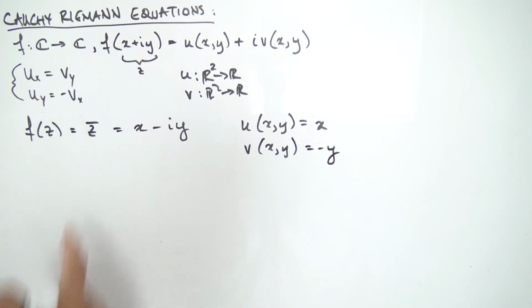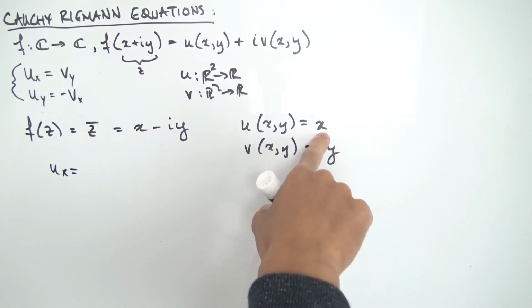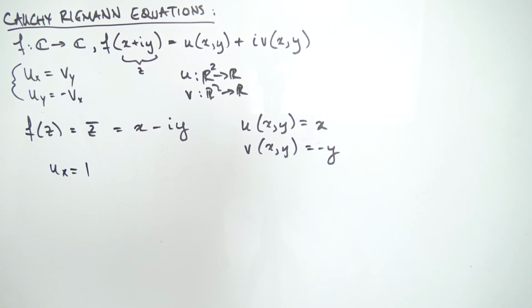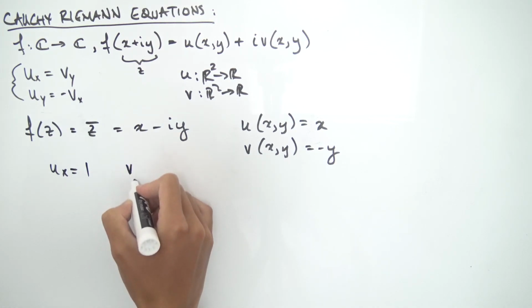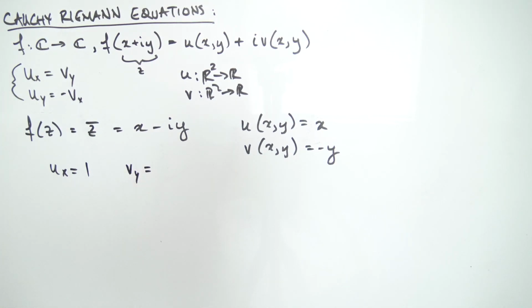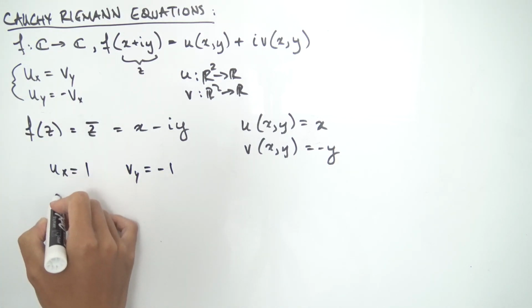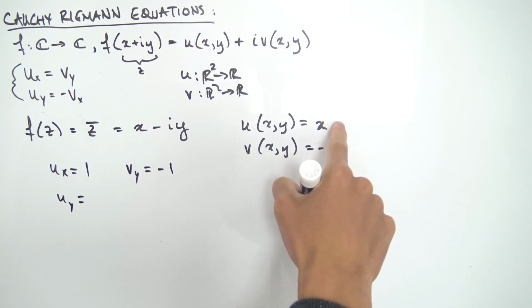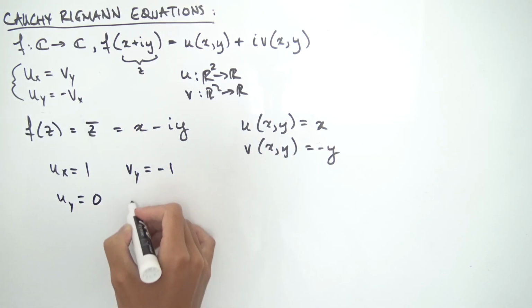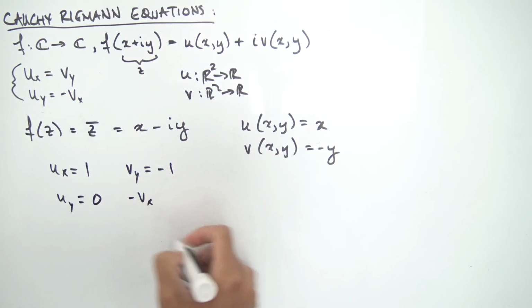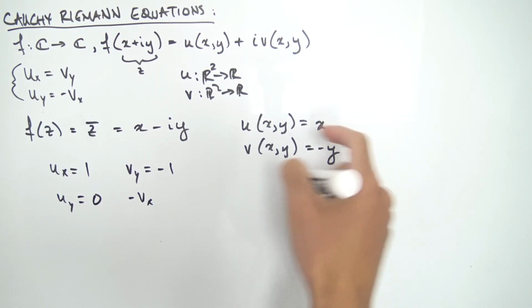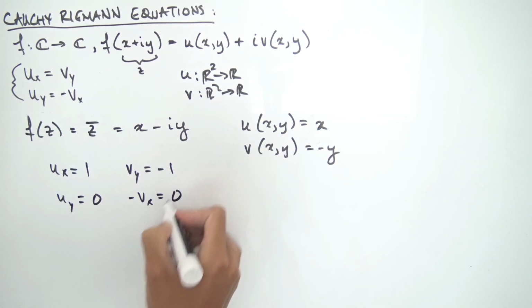And now to calculate these partial derivatives, u sub x is going to be equal to, well, differentiating this, that's just going to give us a 1. v sub y is going to be negative 1. u sub y is going to be 0. And then negative v sub x, well, there's no x's over here, so the derivative of that is obviously a 0.